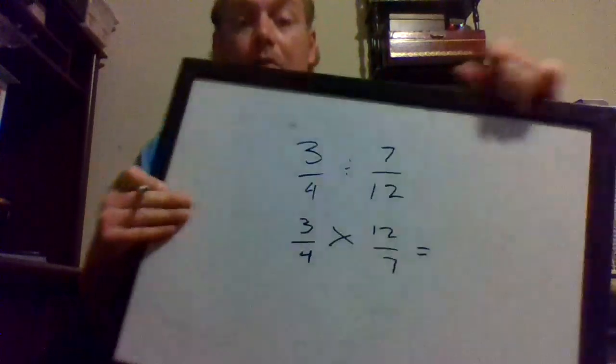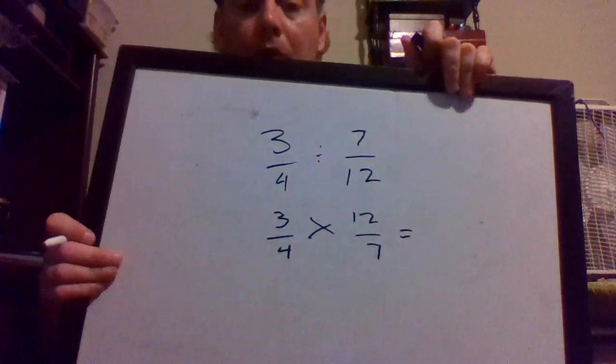We change the division to multiplication, because that's the opposite. And we flip 7/12 to become 12/7. Now, this is our new problem, the multiplication problem at the bottom.